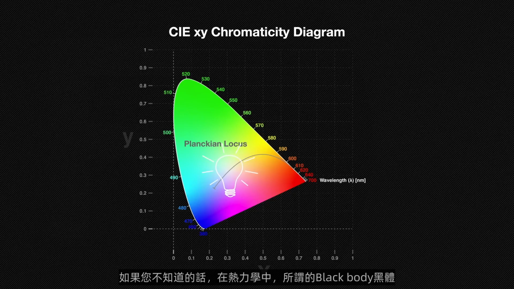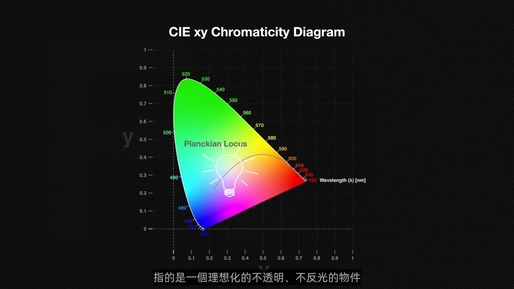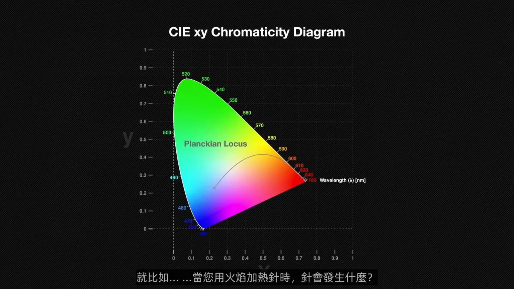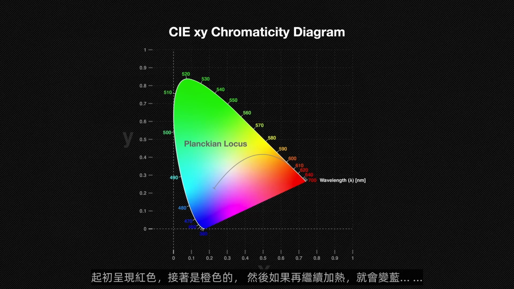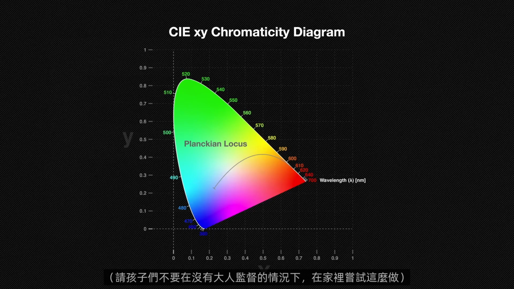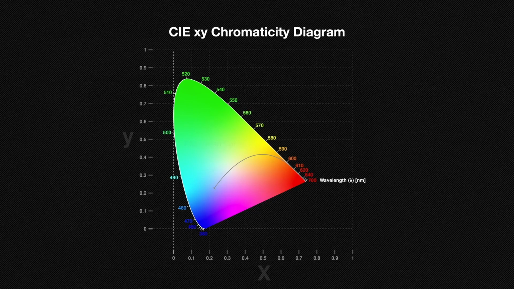If you didn't know, in thermodynamics, a so-called black body is an idealized, opaque, non-reflective body, something like what happens to a needle when you heat it up with a flame. It becomes initially red, then orange, and then if you keep applying heat, it becomes bluish. Please, kids, don't try this at home without the presence of an adult to supervise you.